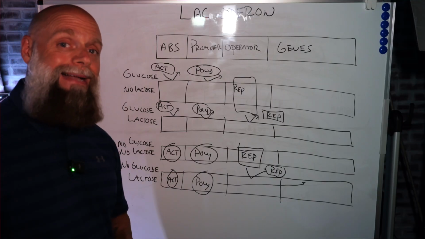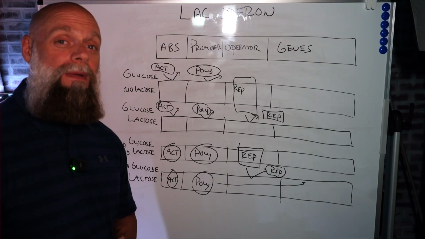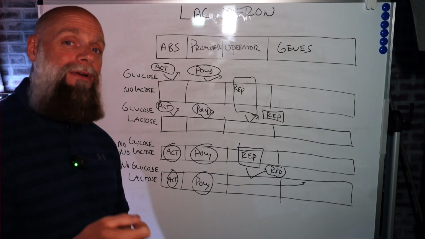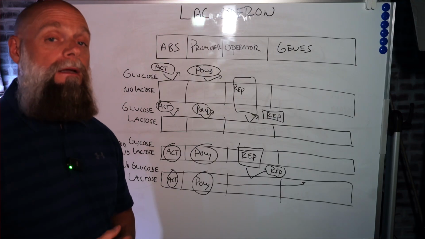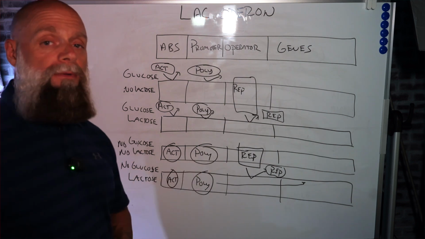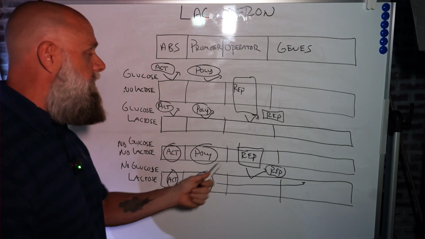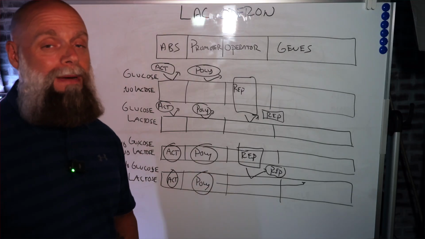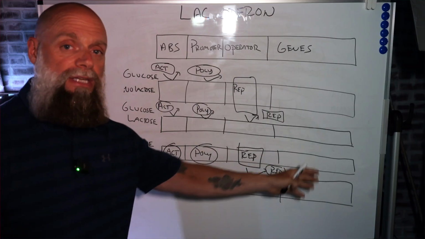The activator binds to the activator binding site, which means, if you're keeping score at home, glucose controls whether or not the activator is going to bind to the activator binding site. Now in this particular case, it doesn't matter. The activator has bound, which allowed RNA polymerase to bind, but because we have no lactose, just like we did in the first example, our repressor is bound, it's in the way, it's not going to allow RNA polymerase access to the genes on the other side.